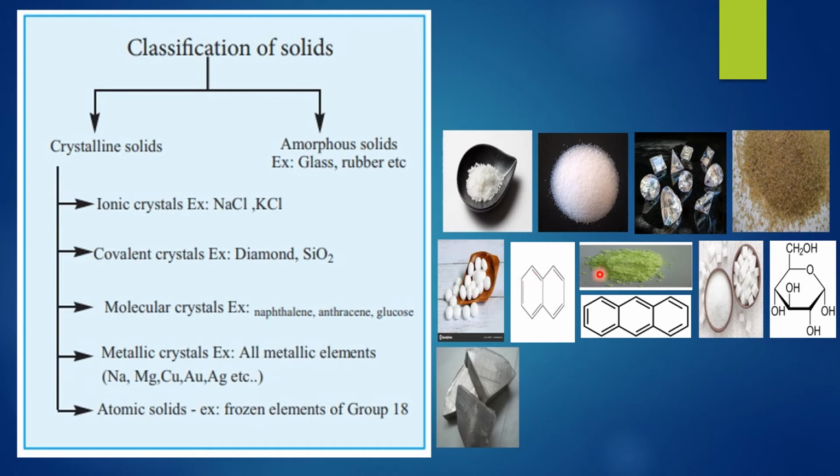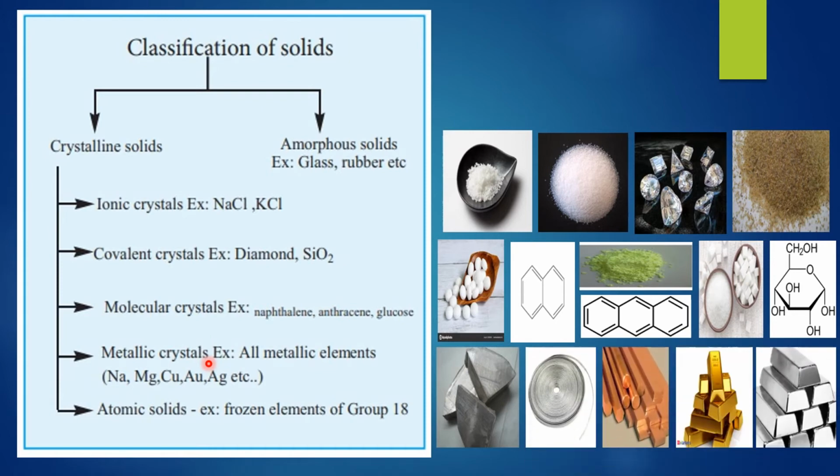You are all familiar with naphthalene. Anthracene is a green powder crystal, but its packing is very perfect. Next is the metallic crystal, where the lattice points are occupied by metal ions. These metal ions are surrounded by a sea of mobile electrons.